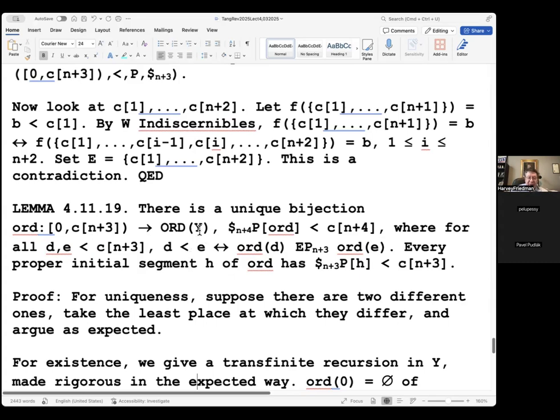You follow me? So in other words, as I said, the elements of this interval are not ordinals in the structure Y. Only some of them are ordinals there. But given one of these things, there is a thing called the ordinal associated with it in Y.